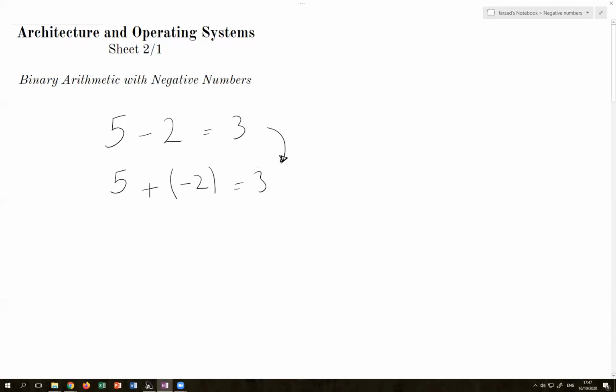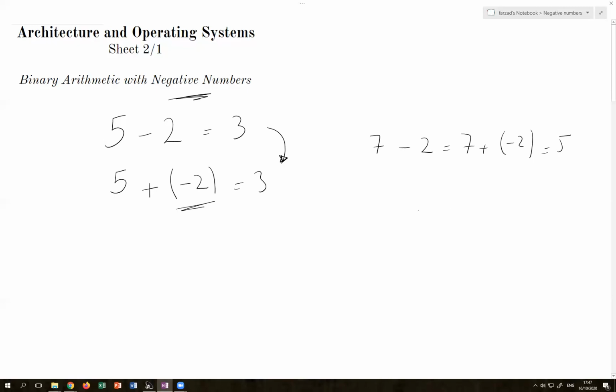This is the reason we have to study negative numbers, to see how we can convert subtraction to addition. For example, 7 minus 2, we can make it an addition in this way and get the same answer.